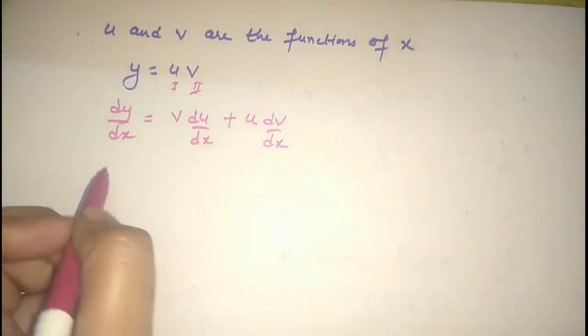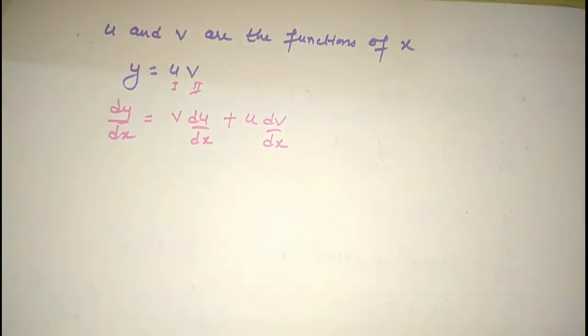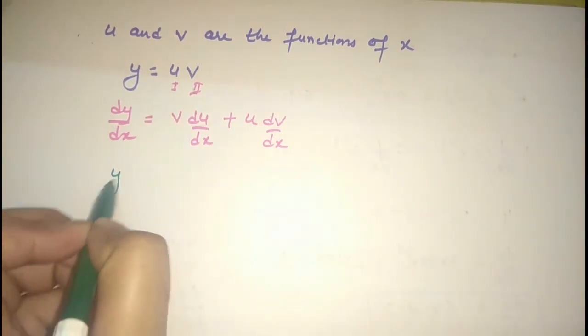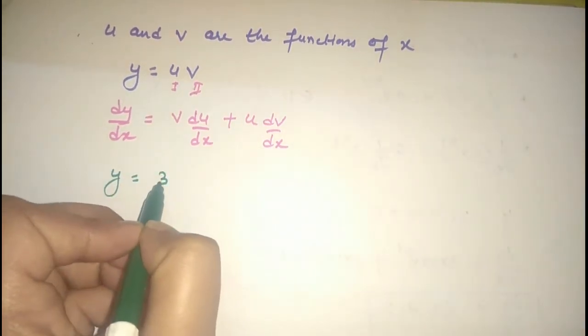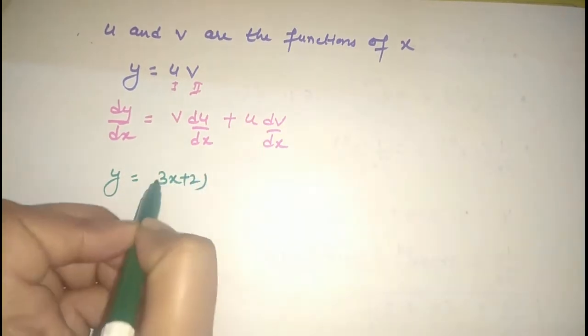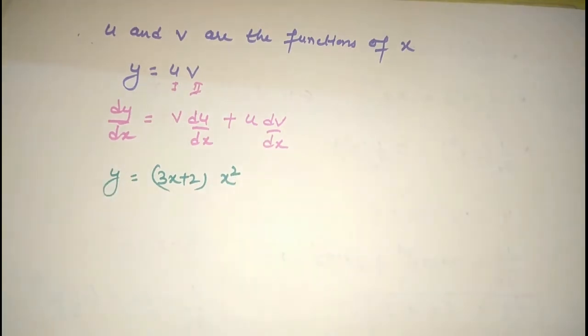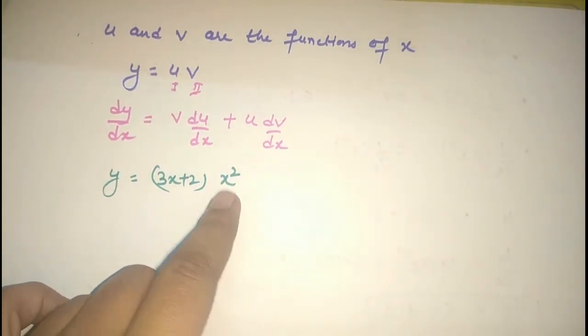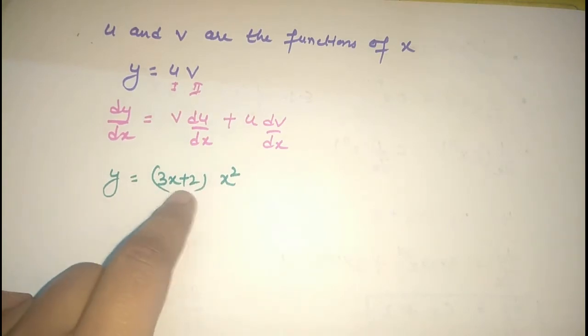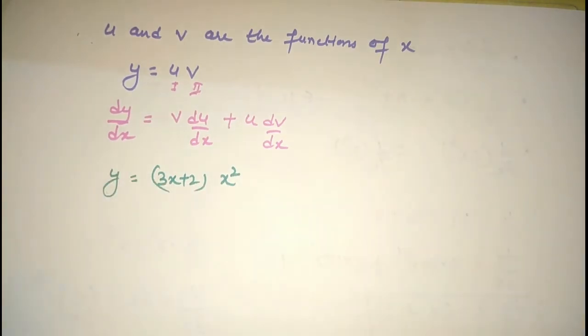Now we have an example like if we have y is equals to 3x plus 2 into x square. Then one method is to multiply this with this whole bracket, simplify it, then find the derivative. And second is to use the above formula.